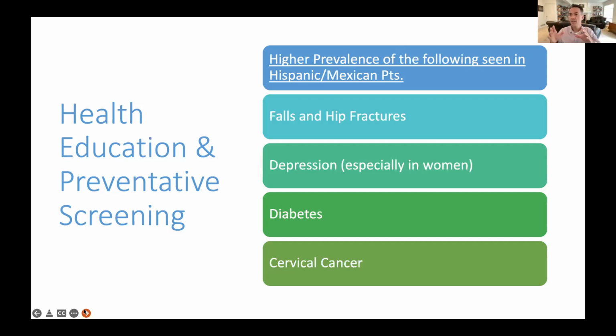If your clinic is located where there is a large Latinx population, the type of Spanish you would use for that group may be different than the type of Spanish you would use 50 miles away. So it's important to tailor that message to that specific group. Does that make sense? All right, next slide, please.